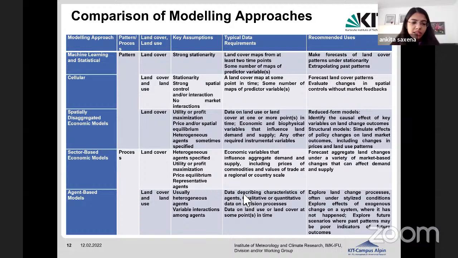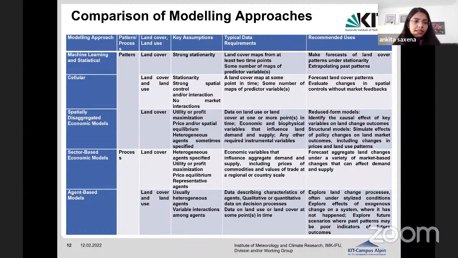An agent is a person who is making choices, making decisions of converting one land use class into another on the basis of different opinions, different choices of the human mind. So that's how human behavior is handled in agent-based models.